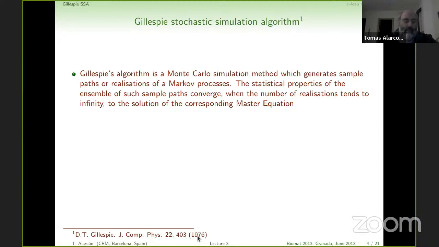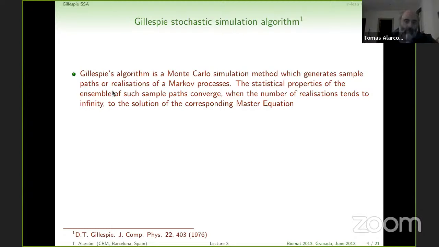This is a rather old paper, but a very interesting one. I do recommend that people get this paper, because it's interesting not just on the algorithm, but on the physical interpretation of these processes. If someone has difficulties getting it, just drop me an email and I will send you a PDF.